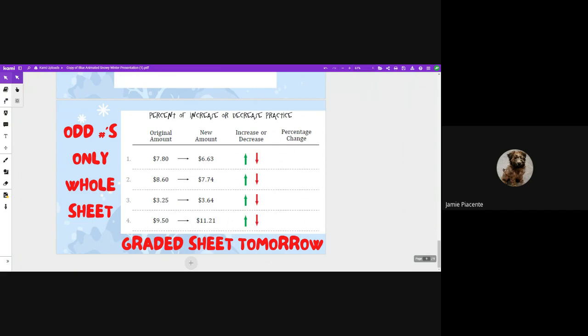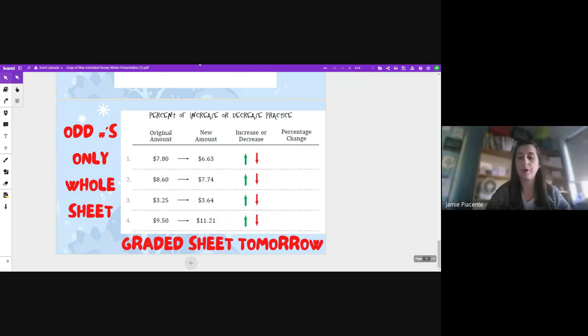So again, odd numbers only, whole sheet. It's up to whoever is in for me if you guys can work together or alone. And that is all we're going to do today. When you're done with this, please bring it to whoever is in for me to check. And then once it's all checked and you're 100%, you're good.